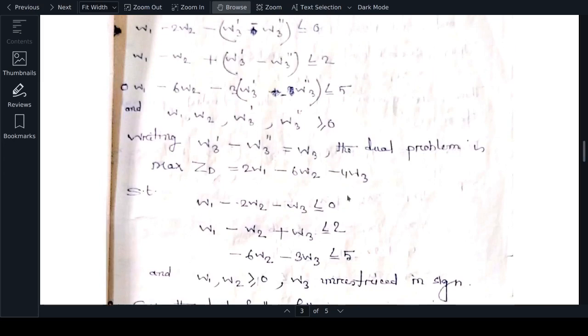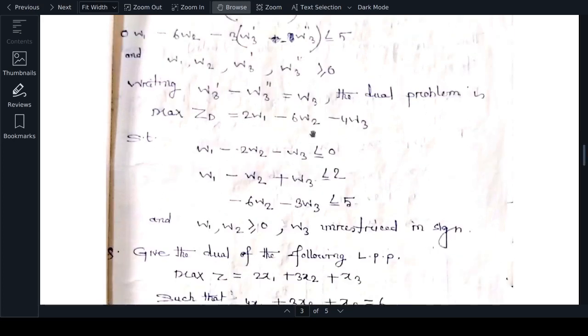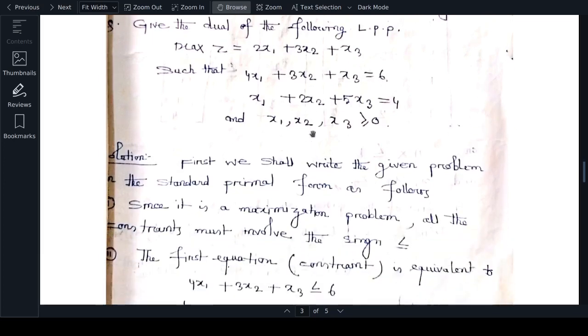The next question is: give the dual of the following linear programming problem. Maximize z equals 2x1 plus 3x2 plus x3, such that 4x1 plus 3x2 plus x3 equals 6 and x1 plus 2x2 plus 5x3 equals 4, with x1, x2, x3 greater than or equal to 0.